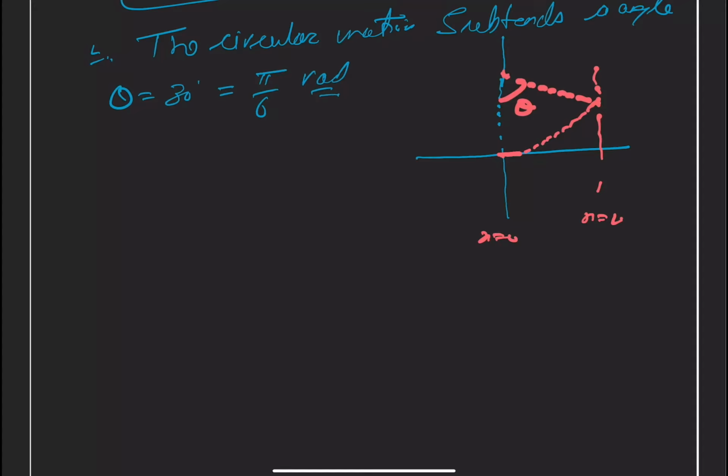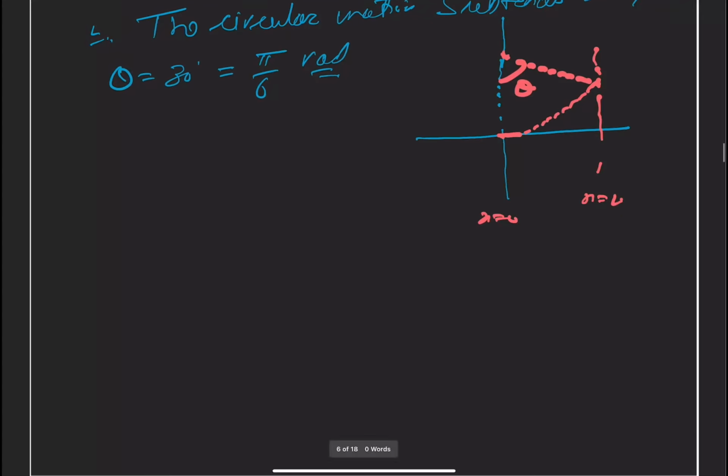Now we can use angular velocity, that is theta is equal to omega t. Omega we already know is qB by m, and that is going to help us to solve it further. So our angular velocity omega is equal to qB upon m, and our theta is equal to omega times t.